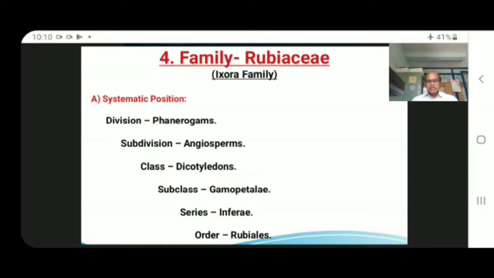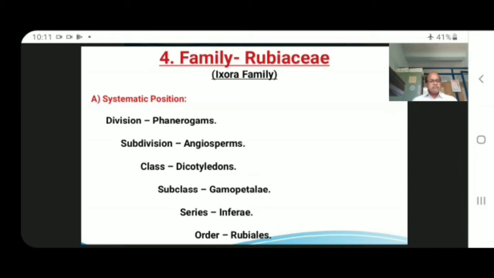In relation to this, first we see habit: mostly trees and shrubs, sometimes woody climbers, example Rubia, rarely herbs, example Galium. Then the next point in salient features is stem. Stem is always aerial, erect, herbaceous or woody, solid, branched, cylindrical, hairy or smooth.